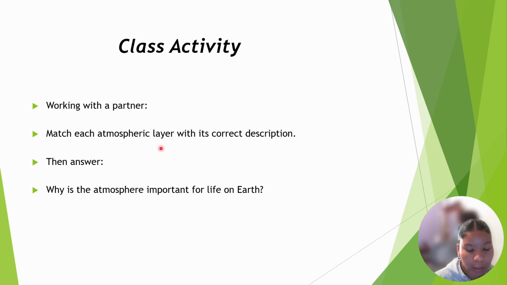Match each tropospheric layer with its correct description, like a little table with the description and the different layers. Then answer, why is the atmosphere important for life on Earth? That's the main question and answer that we need to know. First things first, before we get into all of that, what do you think? Why is the atmosphere important for life on Earth?